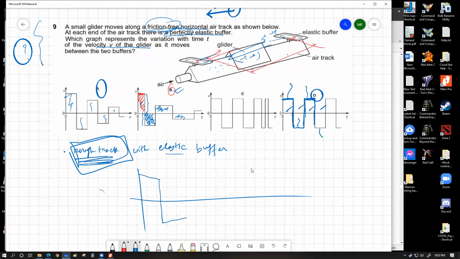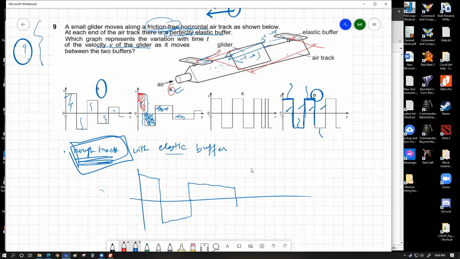But if the elastic buffers are not getting closer to each other, the area covered over here should be covered over here as well, which means a longer time over here. So the areas of these two trapeziums should be equal. If it gets the same velocity over here, it still loses velocity while covering the same distance, so longer time, and so on.